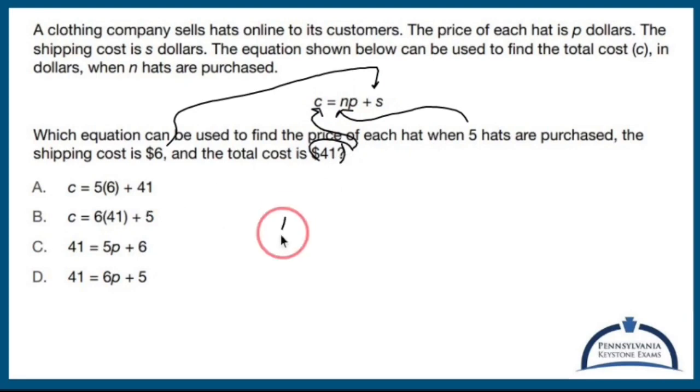C is 41, so I'm replacing C with 41. That equals N, which is the number of hats, 5 times the price, which we don't know anything about, plus the shipping cost, which is 6. So the answer is C. C for cost, C for yes, and C for answer, baby.